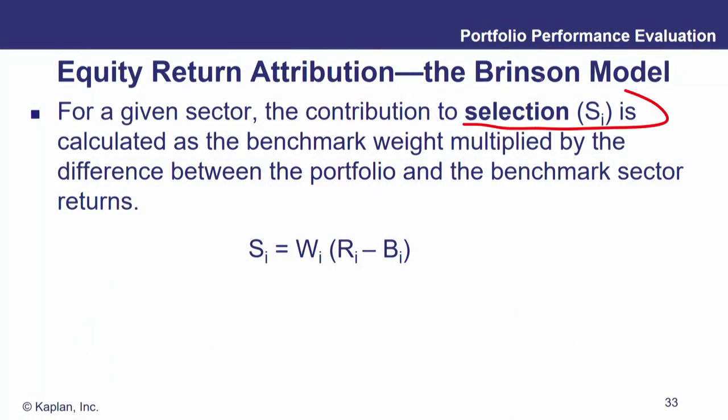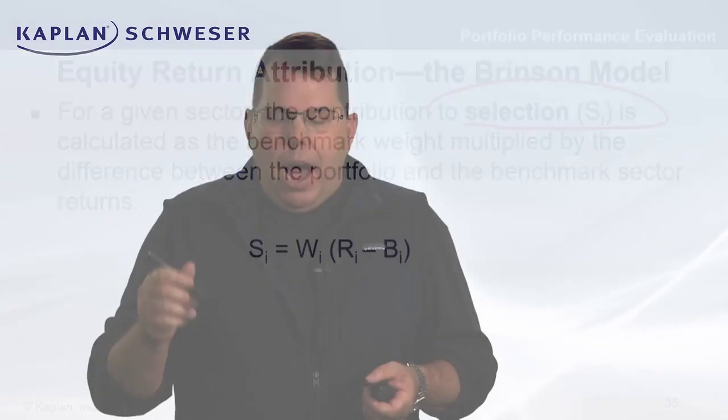Okay, so what is the second part? We just dealt with the sector attribution. Now we're going to take a look at the selection attribution. How well did this portfolio manager do picking out stocks?